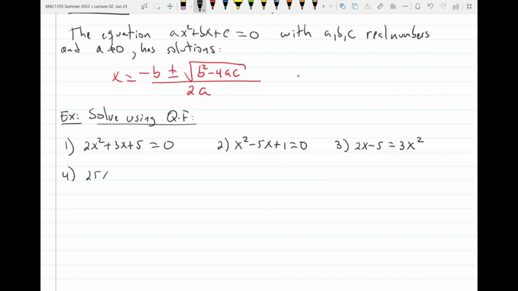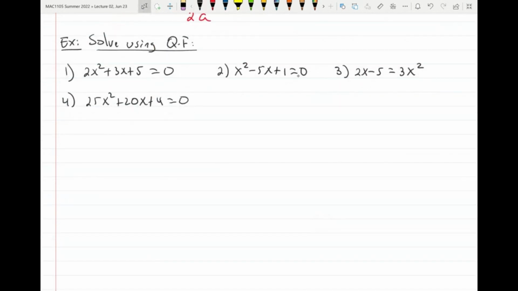And then lastly, let's do 25x squared plus 20x plus 4. And then once we observe the solutions that we get here, let's make a little observation. But first, let's practice. So I'm going to do number 1, and then I'm going to let you try the other 3. Okay? So solution.